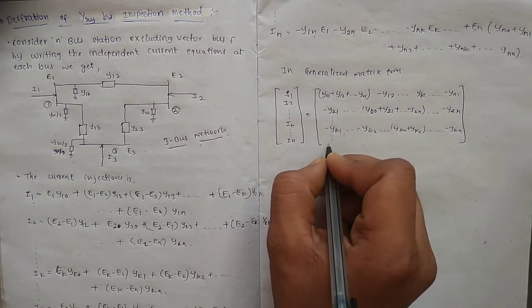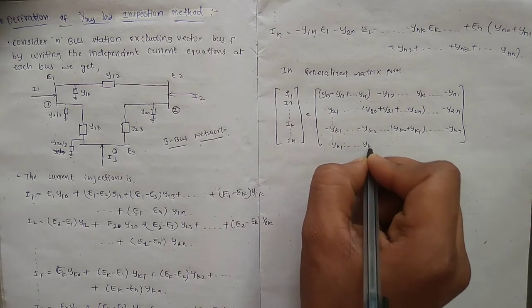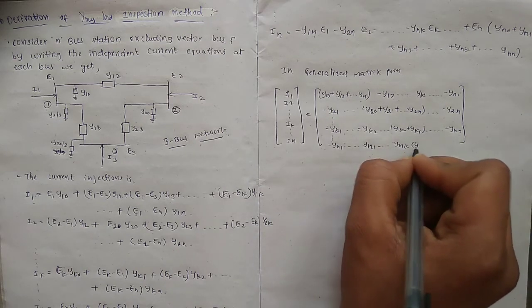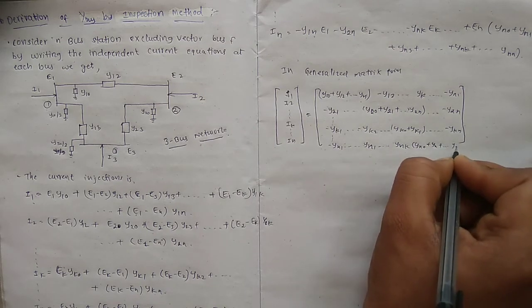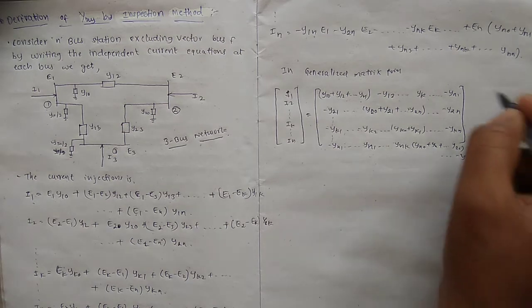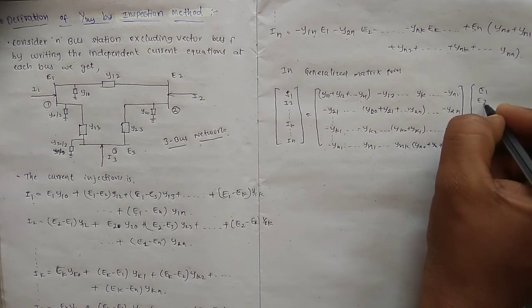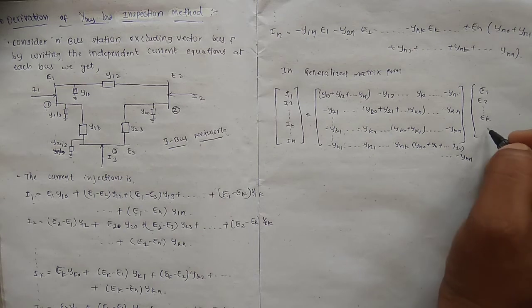For the nth bus, minus Yn1 and so on, minus Ynk, finally Ynn, multiplied by E1, E2, and so on. This is the general matrix form.